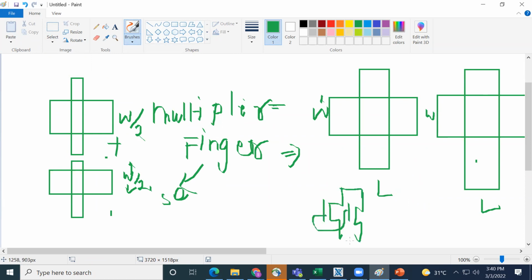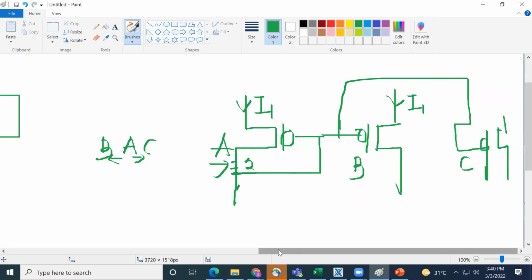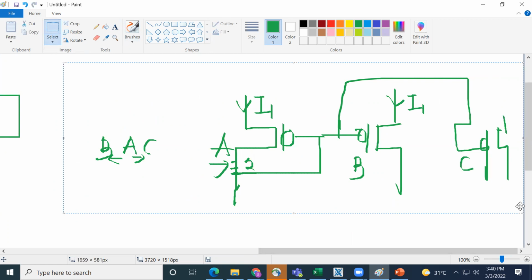Understand or in doubt? Multiplier means parallel, finger means series. And how many fingers do you want? And what is the advantage? With multiplier, current will be divided, because it is a parallel concept. And with fingers, voltage will be divided. Okay, so now come to matching.